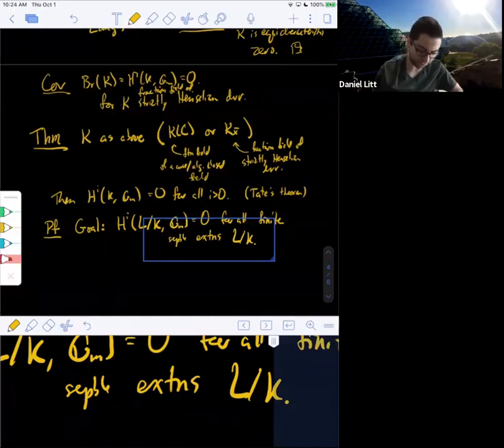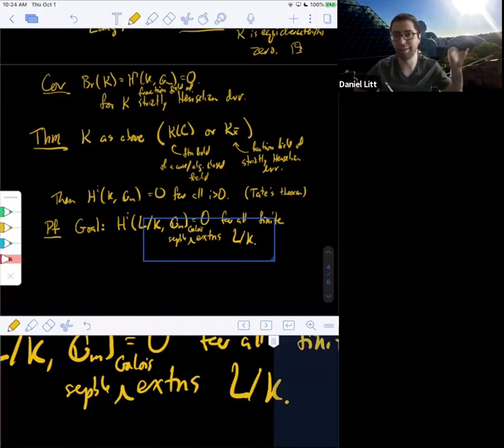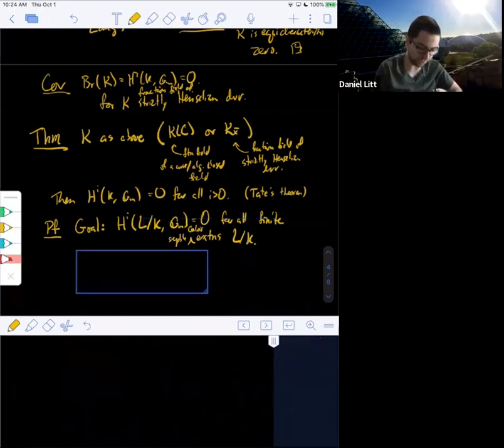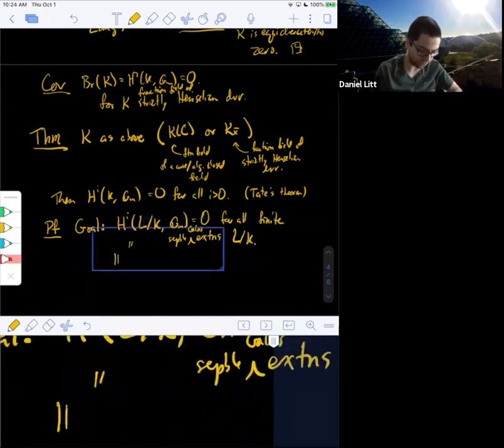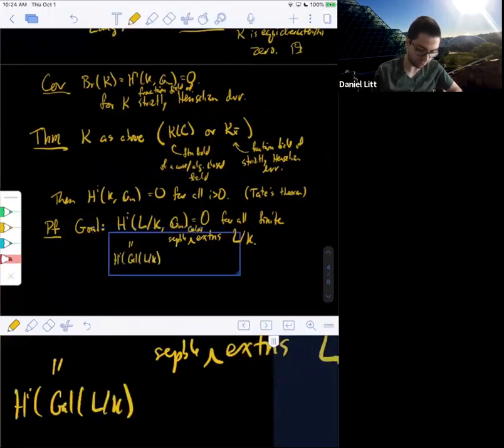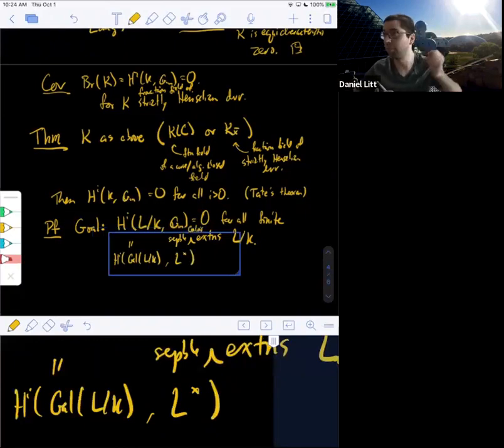We'll do this for all finite separable Galois extensions, and that's enough because Galois extensions are cofinal in the set of all covers. So in other words, these Čech cohomologies are the same as the group cohomology H^i of the Galois group of L over K with coefficients in L^×. If you write down what the Čech complex is, it's exactly computing this.